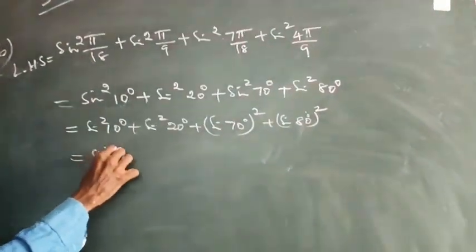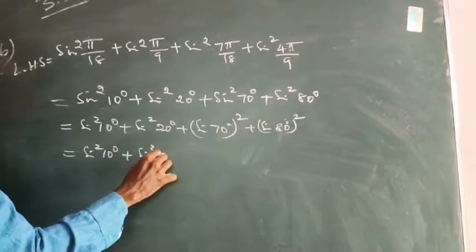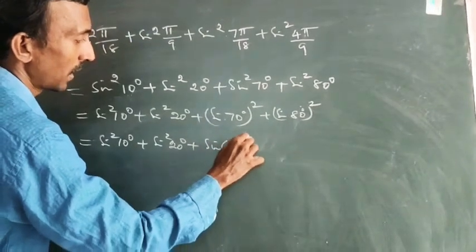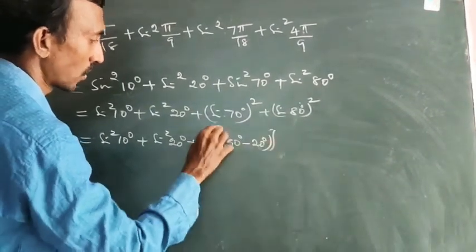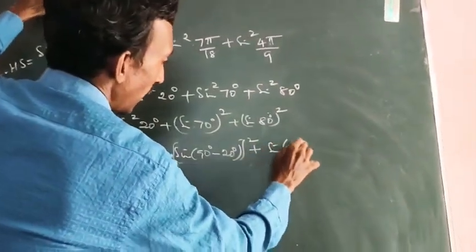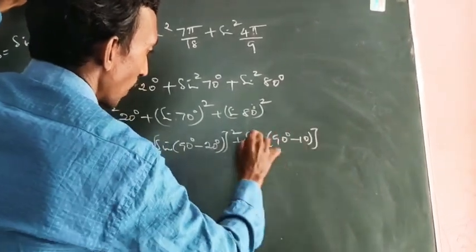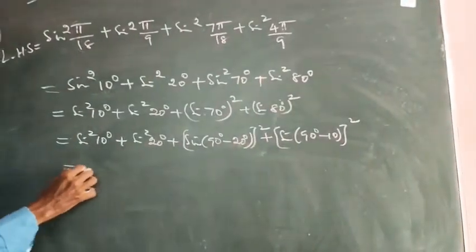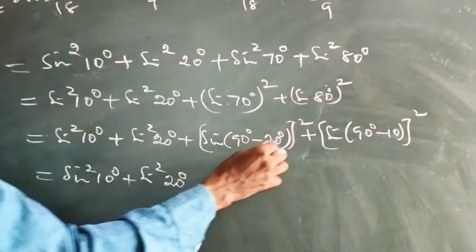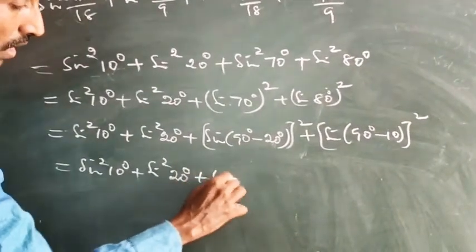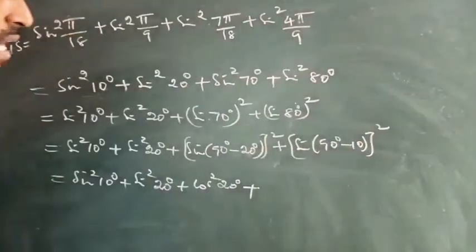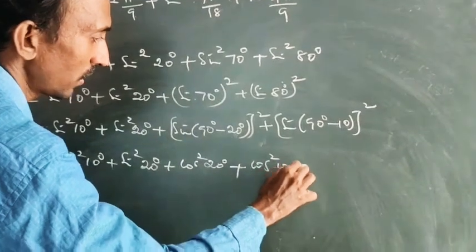So sine square 10 degree plus sine square 20 degree plus sine of 90 minus 20 degree the whole square. 70 can be written as 90 minus 20, and similarly 80 can be written as 90 minus 10. Sine of 90 minus theta is cos theta, so cos 20 the whole square, that is cos square 20, and similarly sine of 90 minus 10 is cos 10, that is cos square 10 degree.